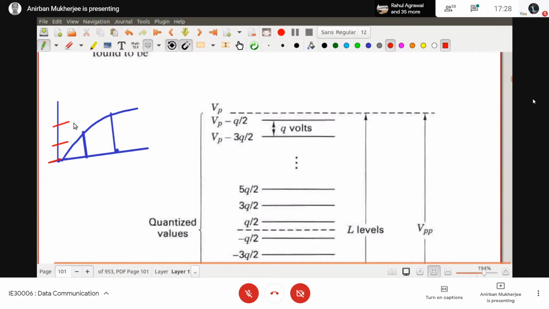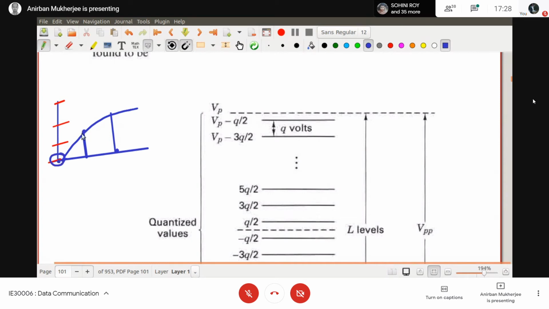Say I want to transfer 2 bits, which means I am doing 4 quantization levels. So when I am sampling at this point, my quantized value is this.